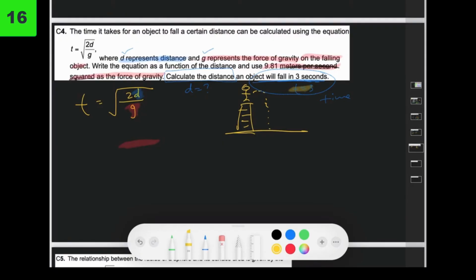All right, let's put that in here. So I have time equals 3, square root 2 times, we don't know what d is, but we know what g is. That is 9.81.